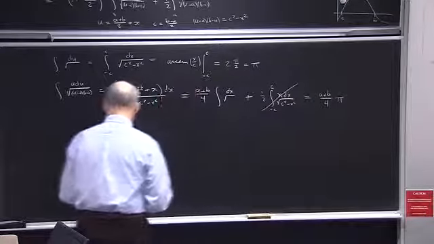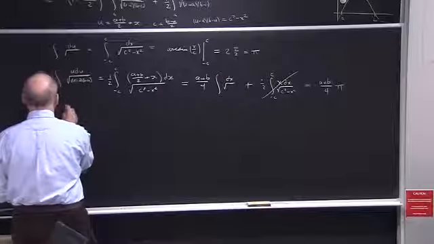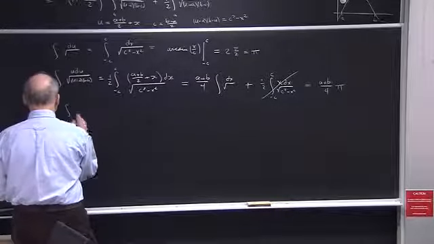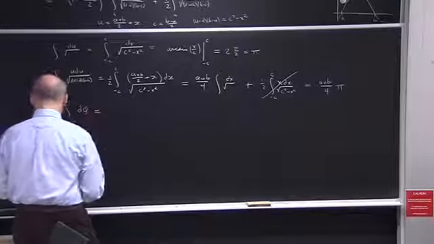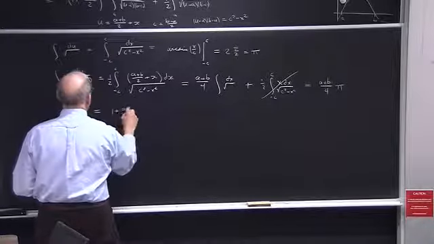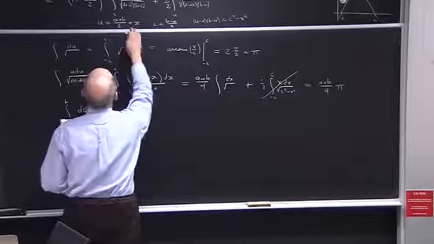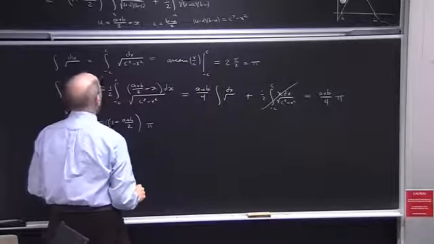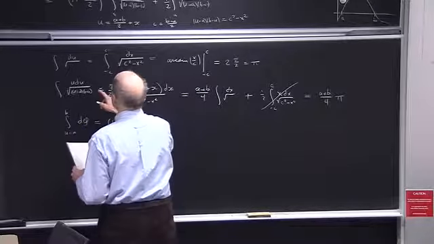Okay, so putting the whole thing together, if I did it right, the integral from u equals a to b of d phi equals 1 plus (a plus b)/2 from here, times this integral, which was pi, plus this other integral.